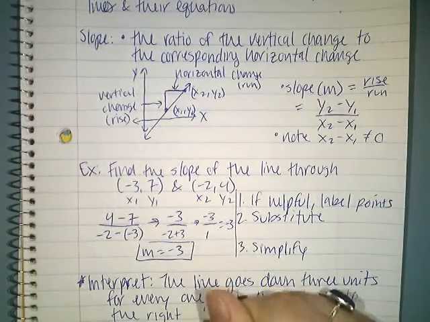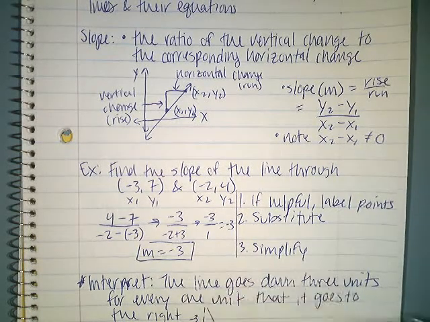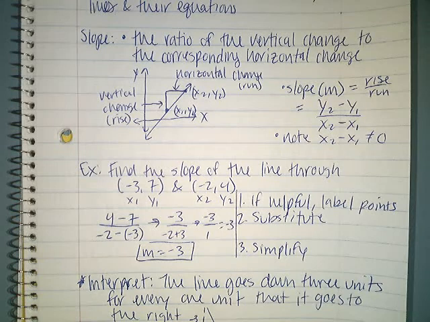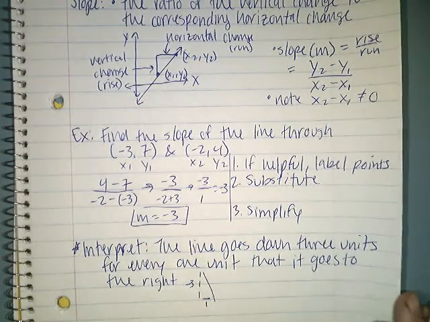So that means I went down 1, 2, 3 over 1. So down 3 over 1, and that is my slope. In case that's helpful for you interpreting, it goes down 3 over 1 to the right.